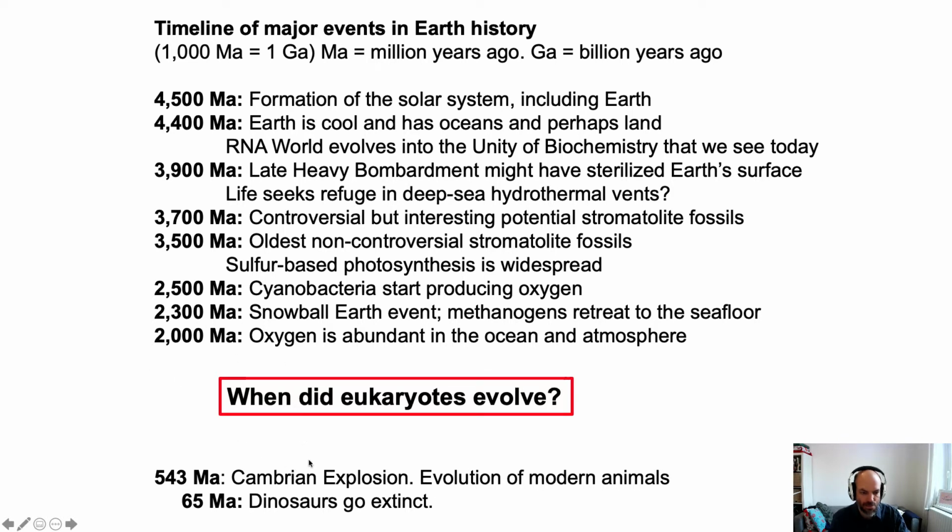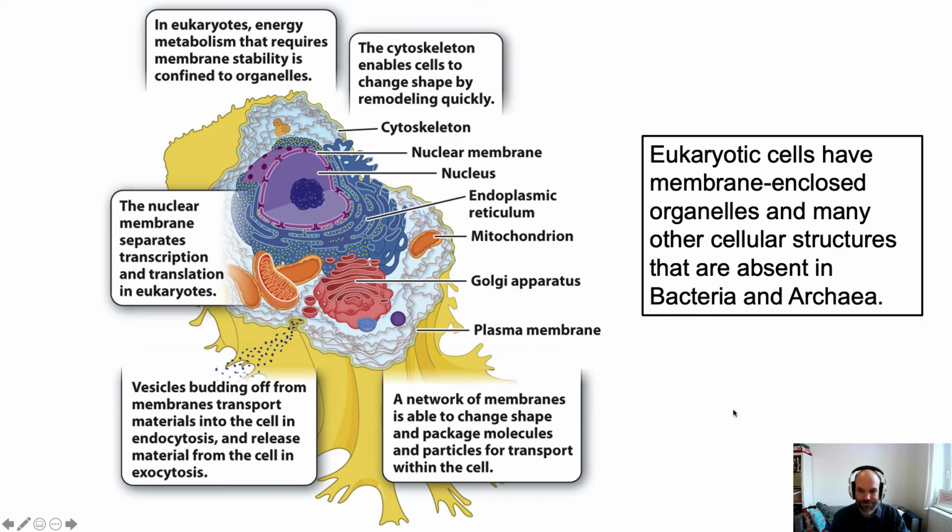So we've got this big gap still, and in this gap we know that the eukaryotes must have evolved at some point. And I'll tell you why we know that there were not eukaryotes as we know them before the Great Oxygenation Event. We know that the eukaryotes that we know today must have come after there was oxygen, and I will tell you why.